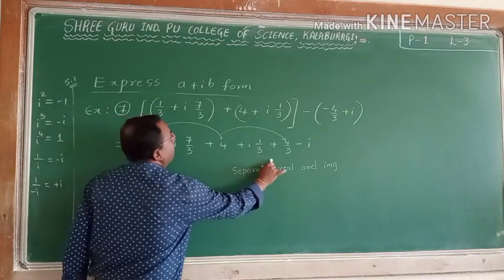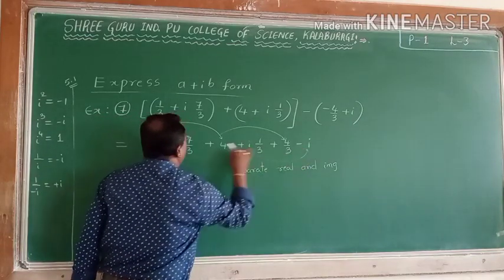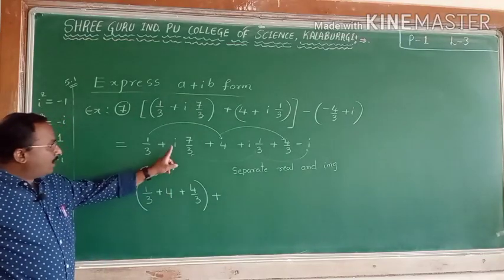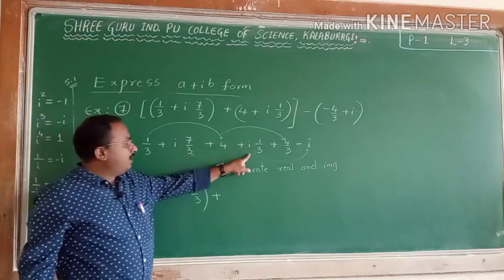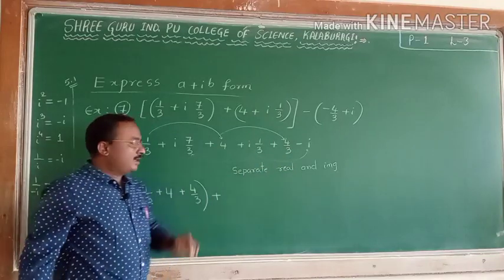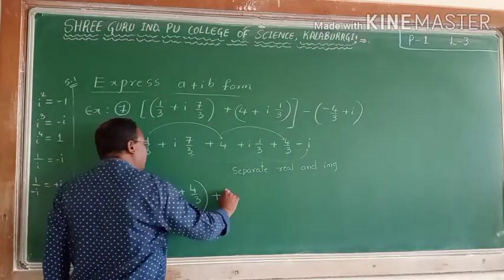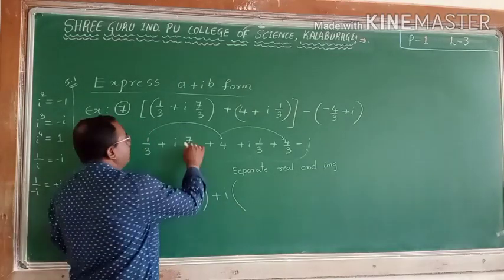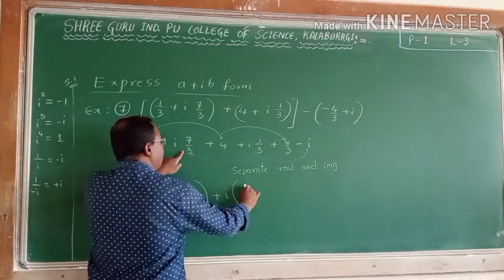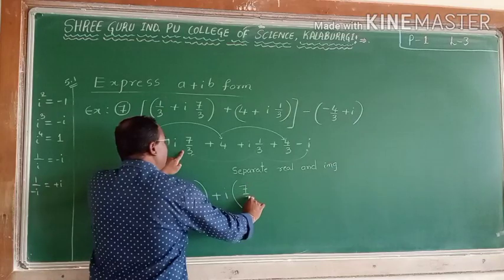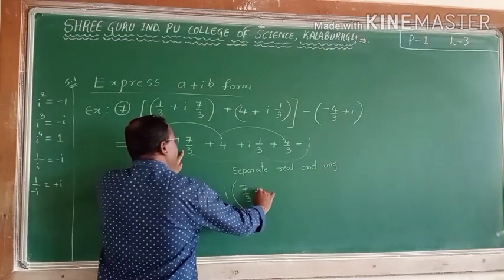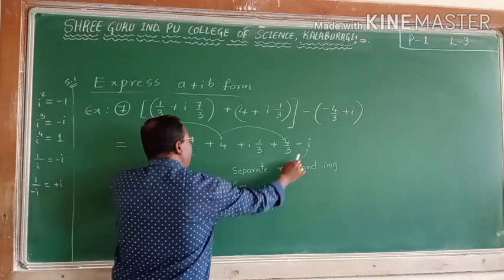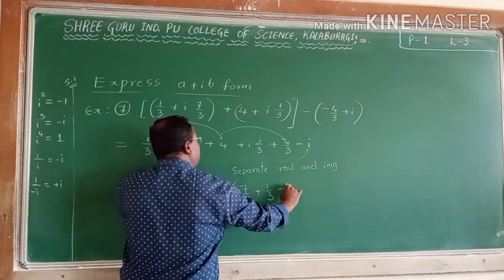These 3 are the imaginary parts. I taking common imaginary parts, that is 7 by 3 plus 1 by 3. Here I taking common, present what? Minus 1.